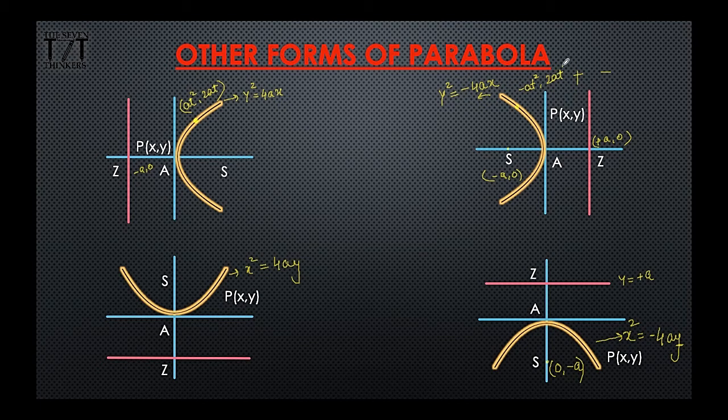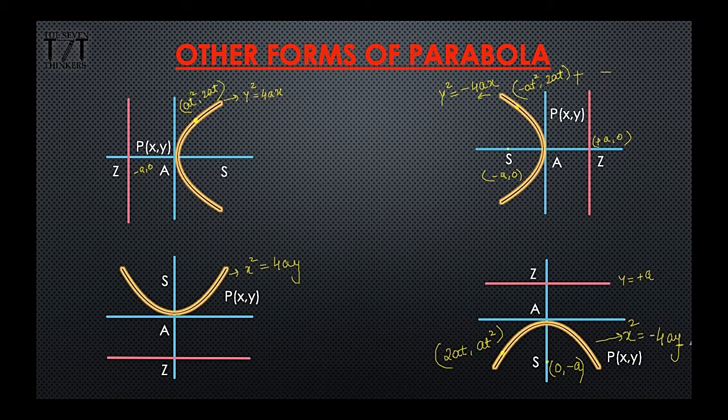And so the parametric coordinates of this parabola would be minus 2at, at square. Now since y and x have been interchanged over here, any point would be of the format 2at comma at square. Just check.